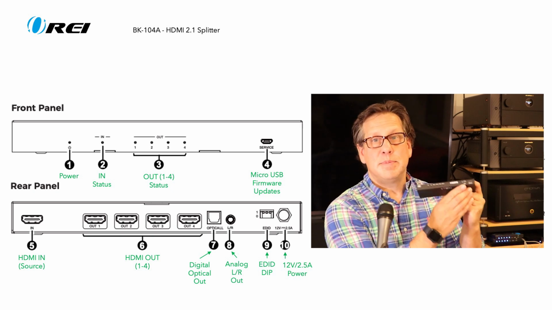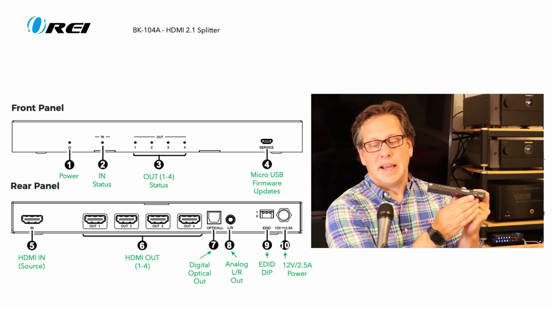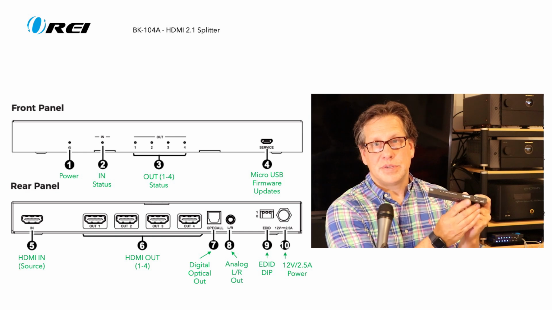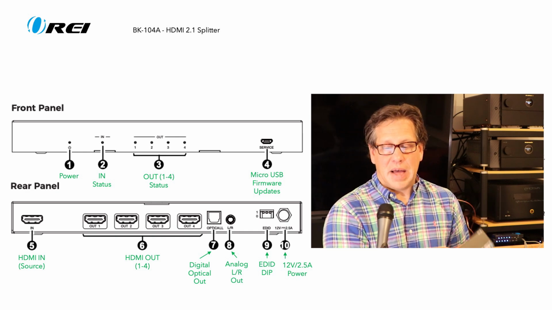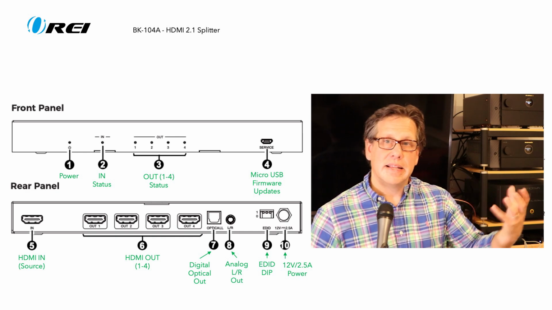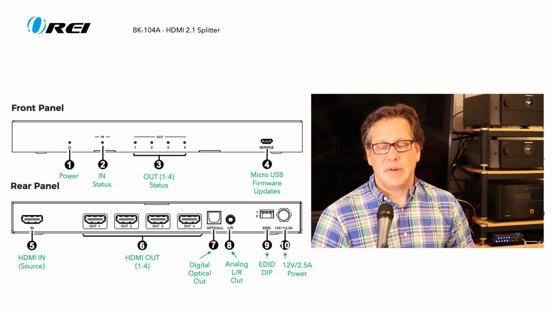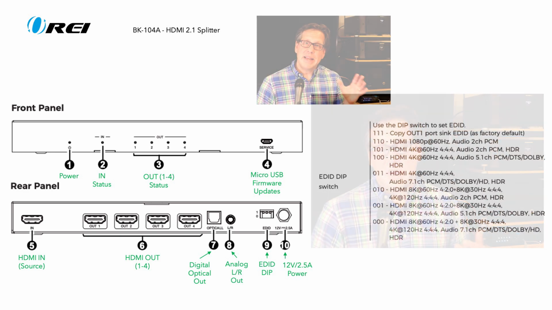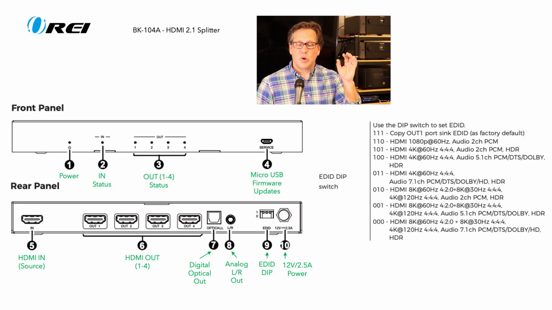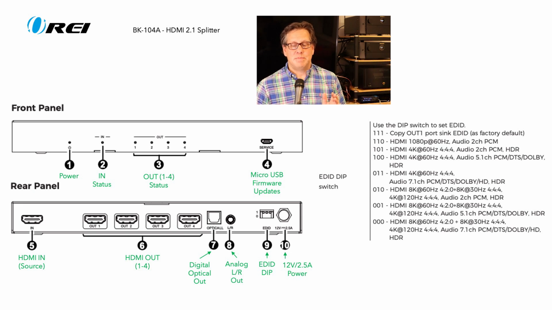Then there's the dip switch for the EDID. So this is going to give how it's going to identify itself to your television and everything for syncing up. By default, it's going to copy out whatever output 1 is to all the other 4 outputs, so it's consistent. Now ultimately it all goes into the same television in my case, but if you're going to different televisions, each television may have a different capability.